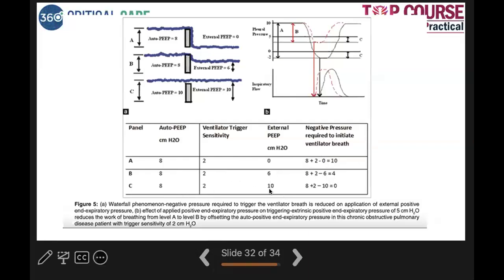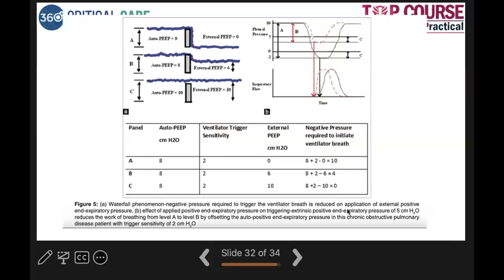When you keep the external PEEP close to the intrinsic PEEP, the patient effort may not change much, but they will feel comfortable. But when you keep it more than the intrinsic PEEP, the dynamic hyperinflation is going to worsen, and the patient will end up with hemodynamic compromise and even worsening auto PEEP.